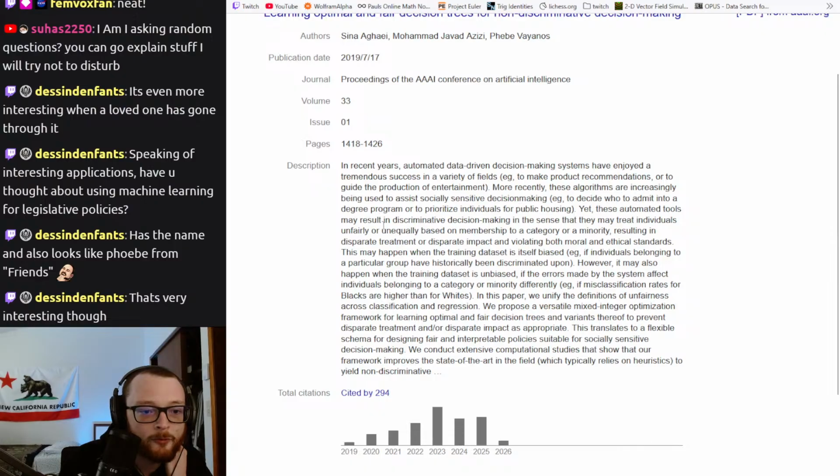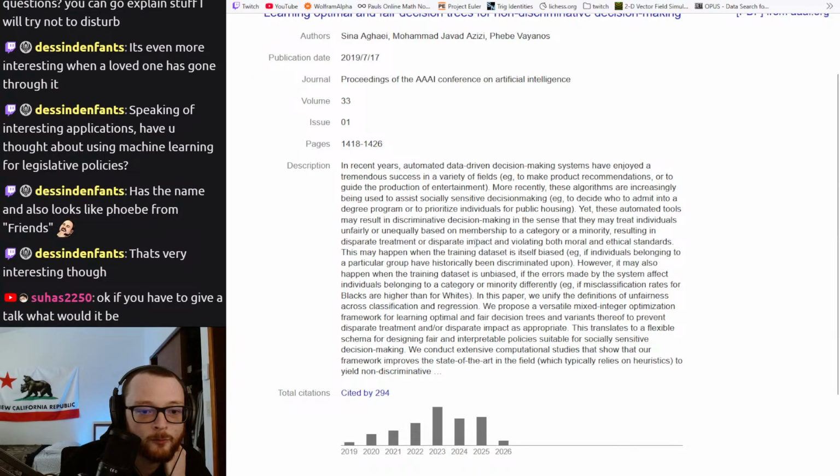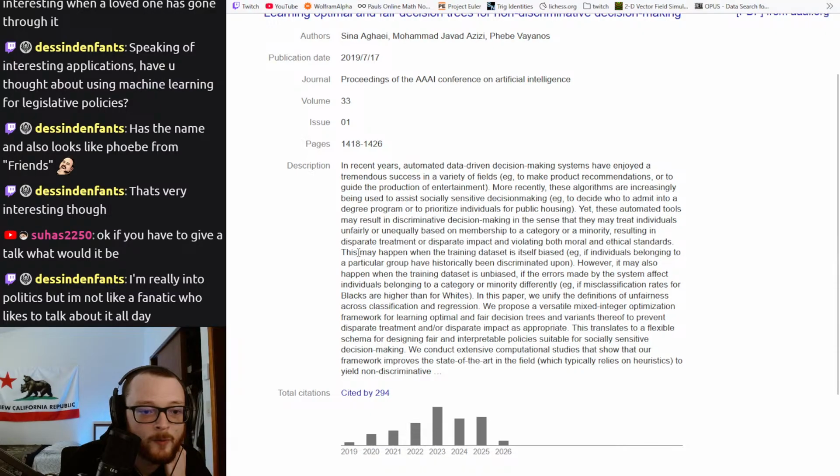These automated tools may result in discriminated decision making in the sense that they may treat individuals unfairly or unequally based on membership to a category or a minority, resulting in disparate treatment or disparate impact and violating both moral and ethical standards. So we have this when the training data set itself is biased. It may also happen when the training data set is unbiased if the errors made by the system affect individuals belonging to a category or minority differently. If misclassification rates are higher for blacks than for whites. Okay. Yeah, so this is super cool, I think.